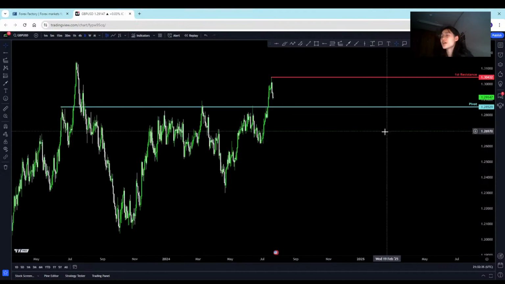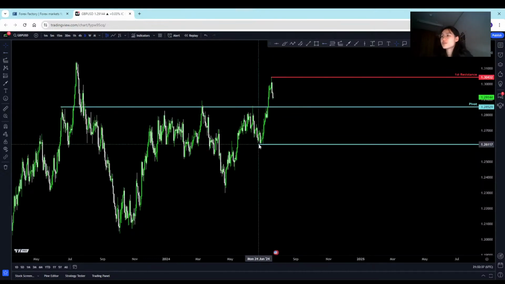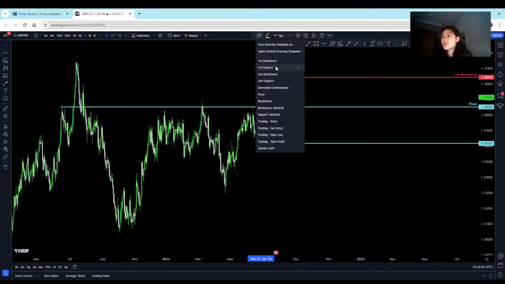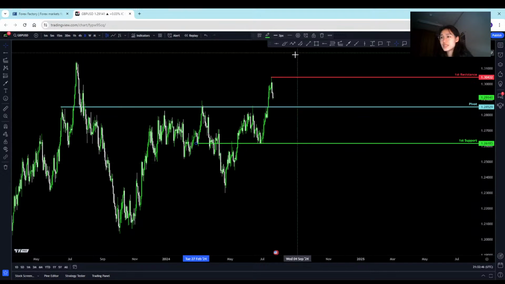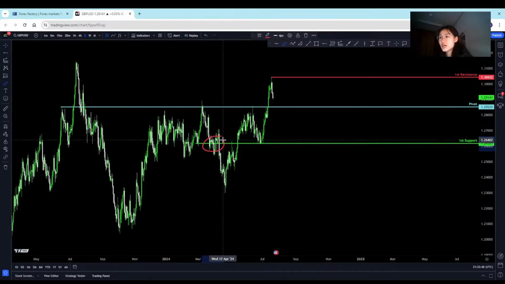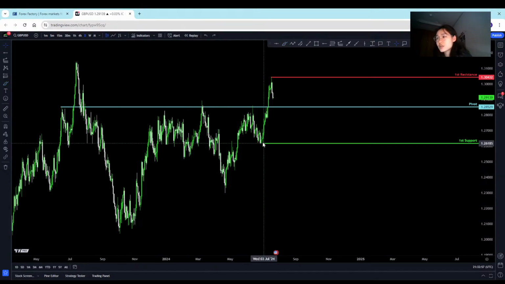For my first support, I'm going to place it here at the swing low. I'm not going to place it here because over here we are cutting too many bodies of candlesticks, which is something you want to avoid. So I'm just going to place it right at this swing low here, or maybe this swing high as well.